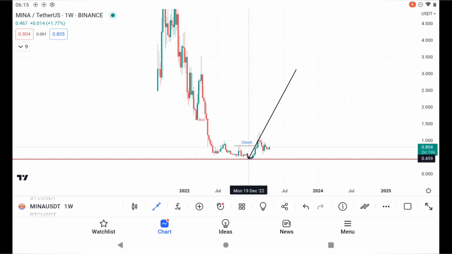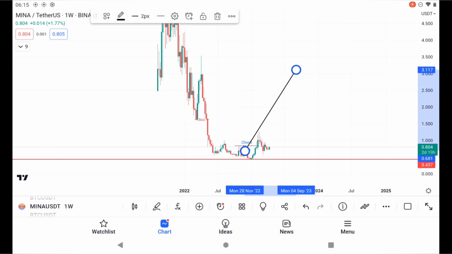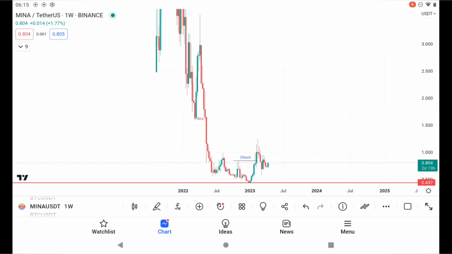We had our local bottom and we took out this previous lower high that caused the break of structure. Right, good. Now let me just zoom out and show you what I'm saying.